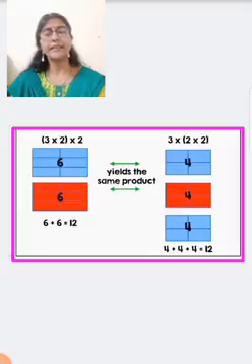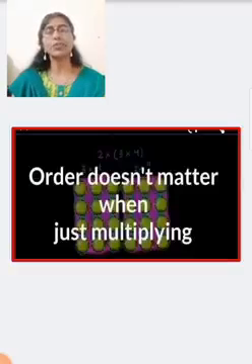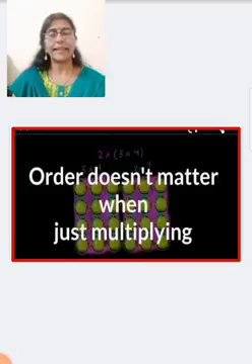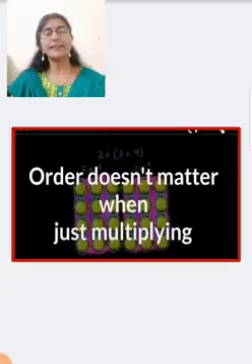Now let us see. So what do we conclude from this? We conclude that order does not matter when just multiplying. So when we are multiplying, you can arrange the numbers in any order and you can find out the product.